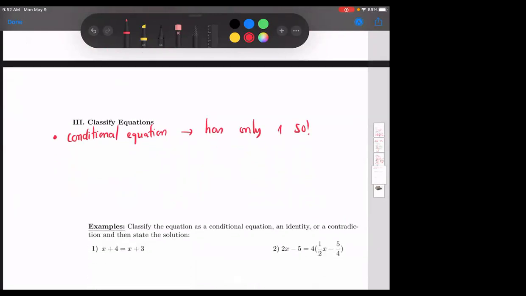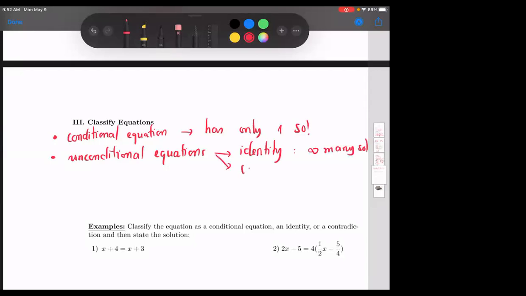The other one is unconditional equation. There are two types. It's called identity, which means you have infinitely many solutions.